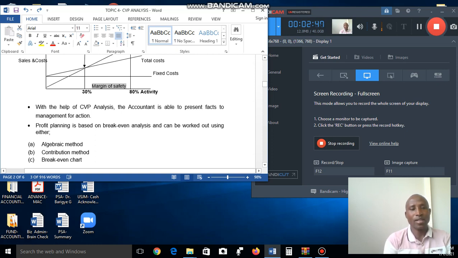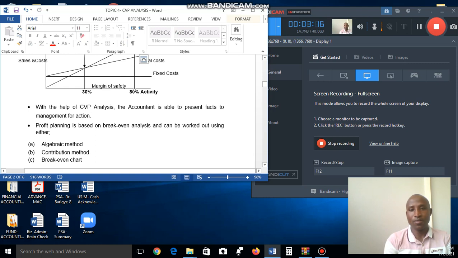So you can know how the firm is doing from the margin of safety. We are going to explain more about margin of safety, but this is a determinant that can clearly tell us something. Assuming the margin is very small, then the firm is in danger because it is almost closing down.